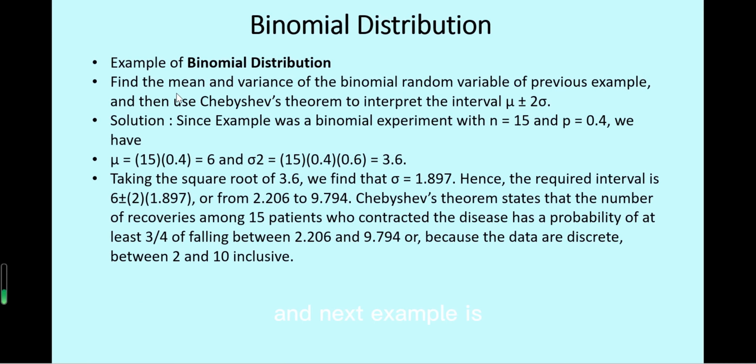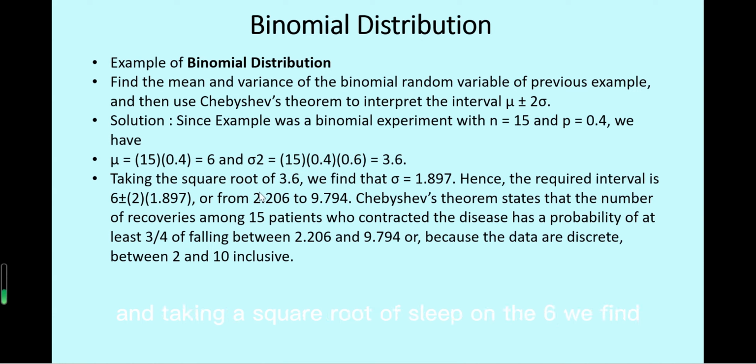The next example is: find the mean and the variance of the binomial random variable of the previous example, and then use Chebyshev's theorem to interpret the interval mu plus minus 2 sigma. The solution is, since the example was a binomial experiment with n equals 15 and p equals 0.4, we have mean equals np equals 6 and variance sigma square equals npq equals 3.6.